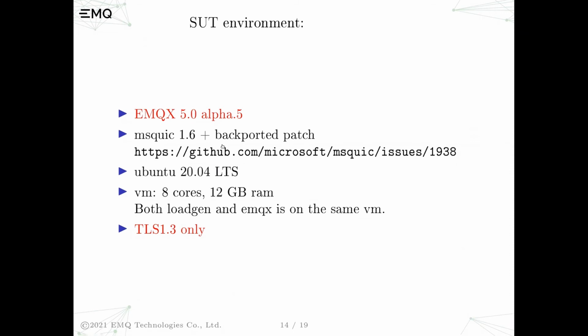Eventually they fixed it, but it's actually a functional bug. The OS is Ubuntu 20.04. We have 8 cores, 12 gig memory, and both the load generator and EMQX are running on the same host. And to compare with TCP TLS, we disable TLS 1.1 and 1.2, and we're leaving TLS 1.3 only.